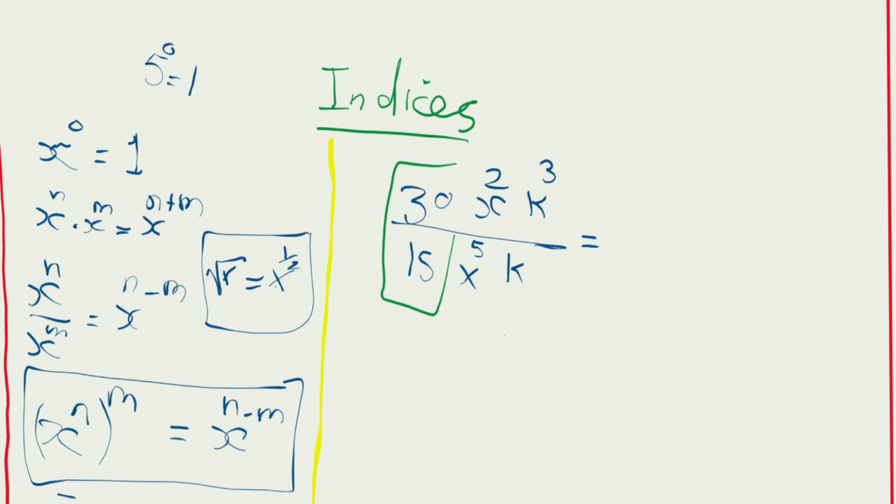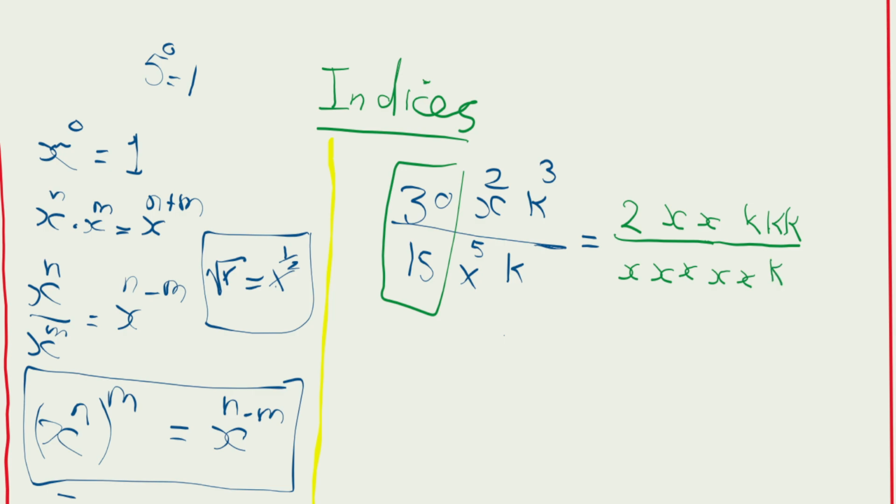So this part here, 30 divided by 15 is 2. Now x squared divided by x to the power of 5, I'll just try to visualize this to help me. So this is x times x, and x to the power of 5 is x times x times x times x times x. Now k to the power of 3 is k multiplied together, divided by 1k.